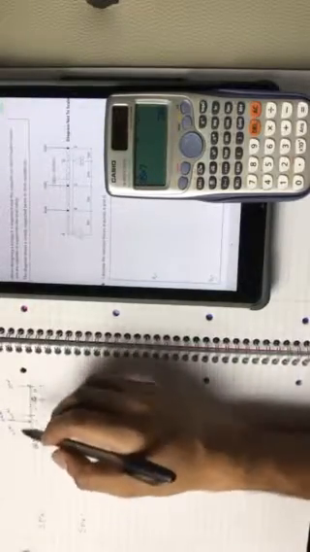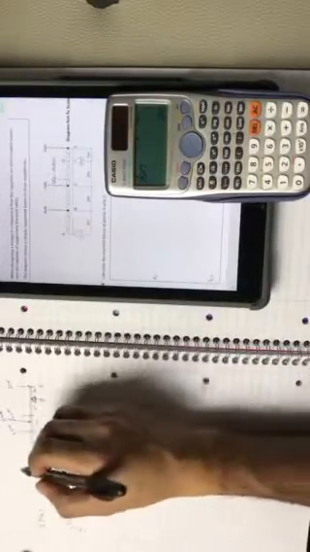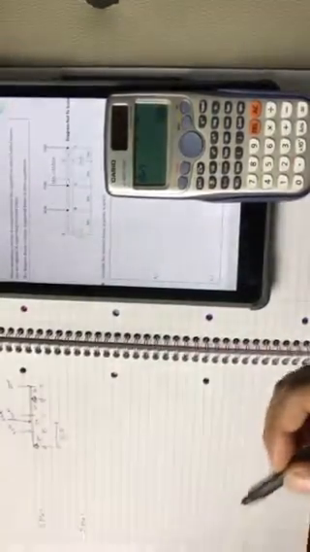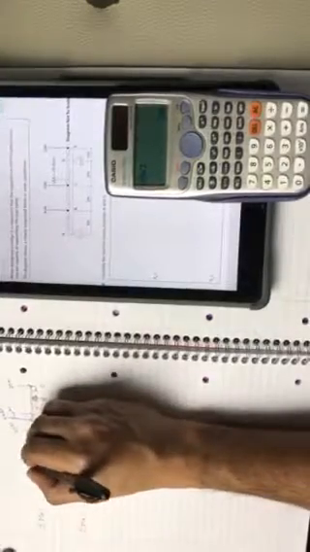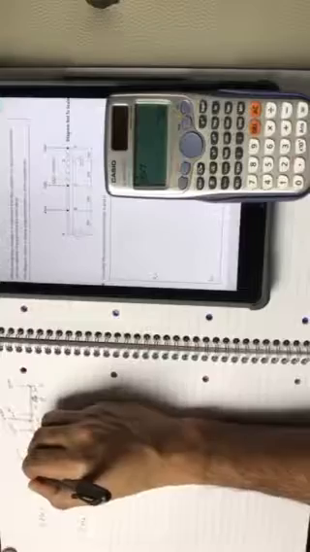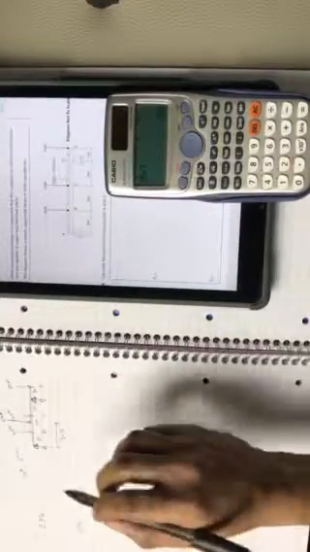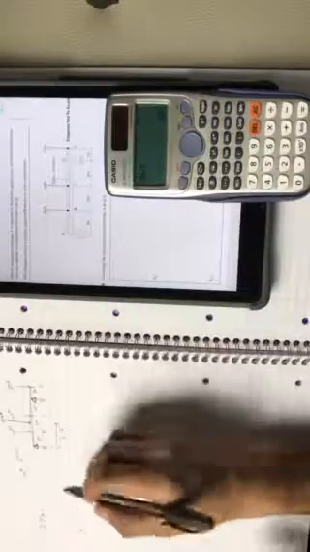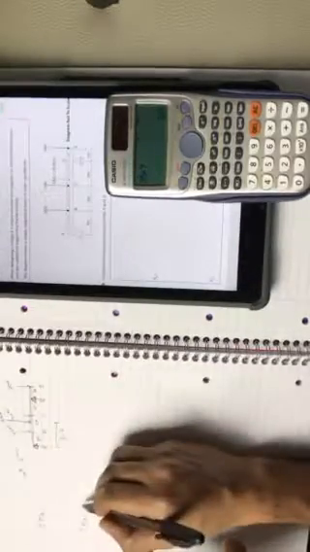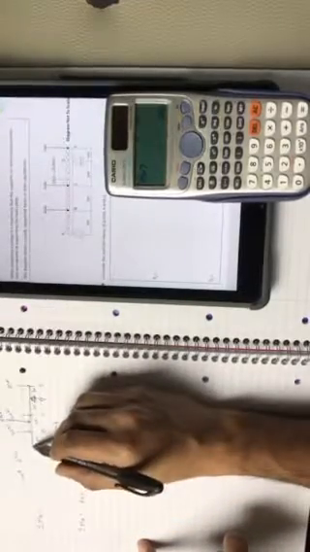Sum of all moments about point A will be equal to the forces times their distances, and before I solve this problem, I have to assign a sign convention. Any force going downwards will be positive, and hence upwards will be negative. So taking moments, the first force is Ra, multiplied by the perpendicular distance.